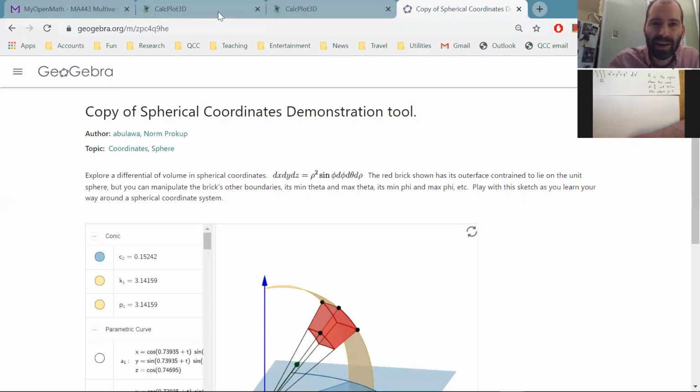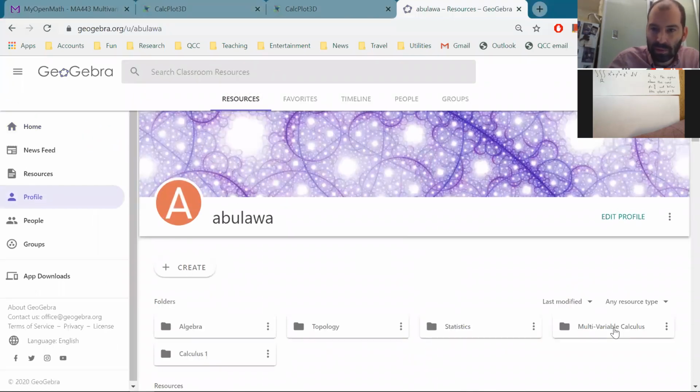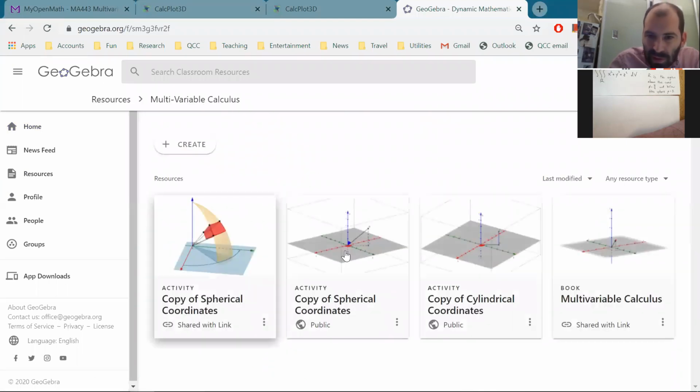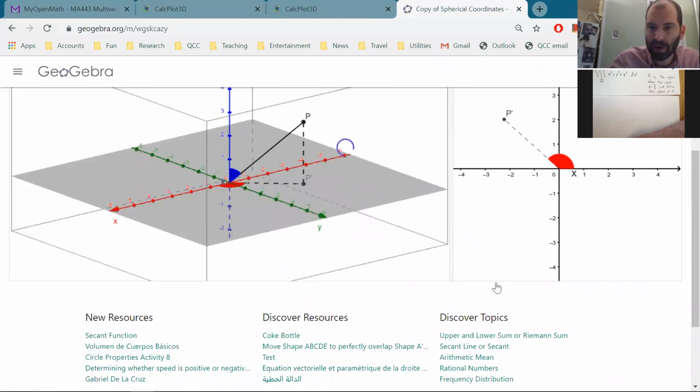The computer's getting really choppy here, so I'm always worried it's going to crash. Here we are.